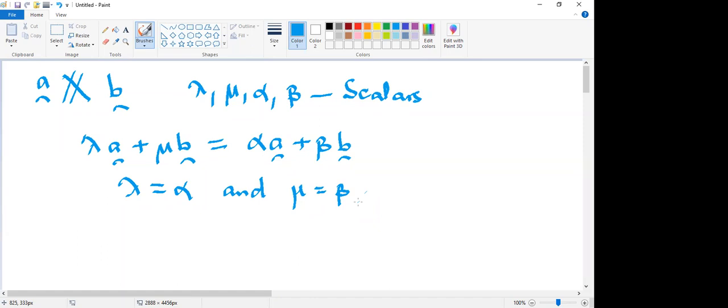Mu B and beta B, meaning scalar mu and scalar beta are equal. That is very, very important when we have vectors that are not parallel.